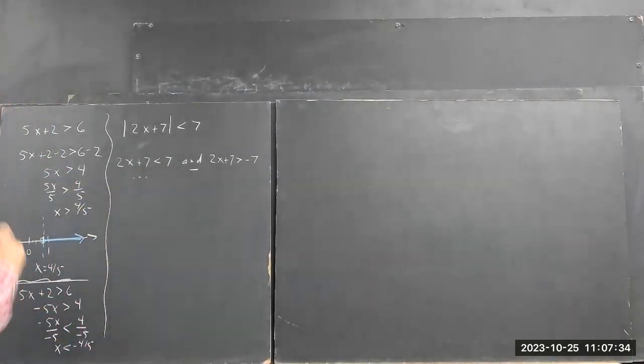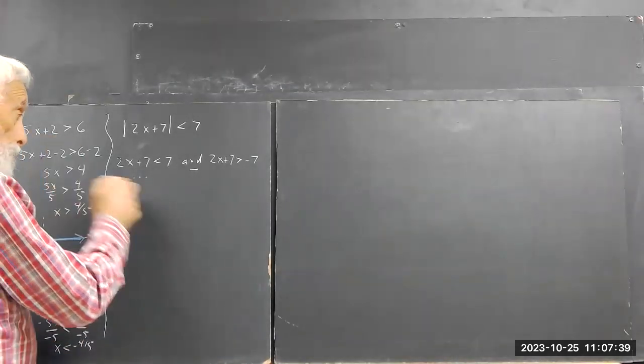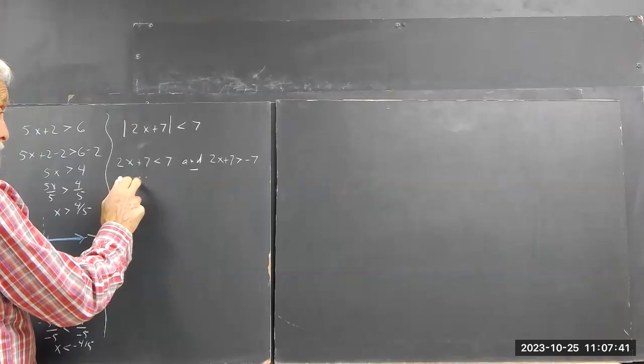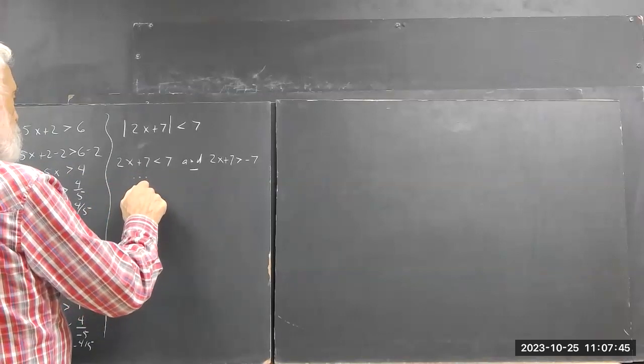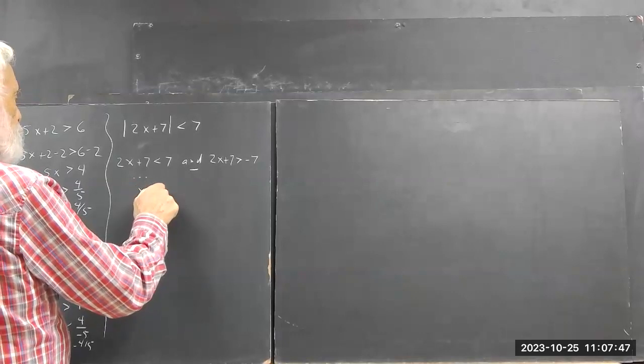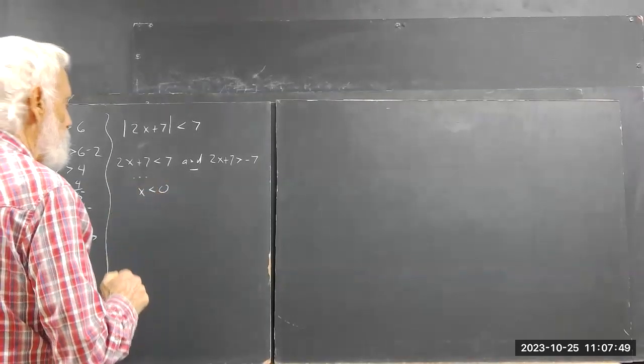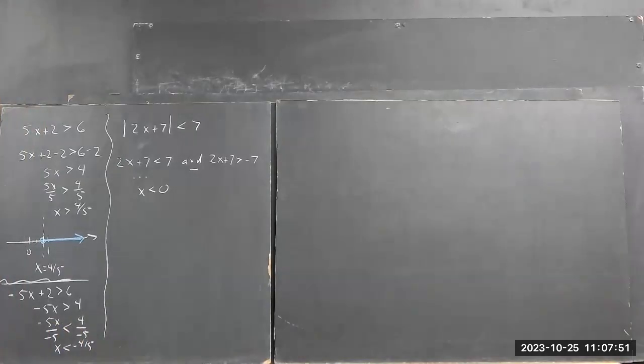Okay, so let's say it's just 2x + 7 less than 7. Well, we've just seen how to solve an inequality, so I'm not going to go through the steps of solving this inequality. I'm just going to put an ellipsis, 3 dots down here, and I'm going to get x less than 0. Okay.